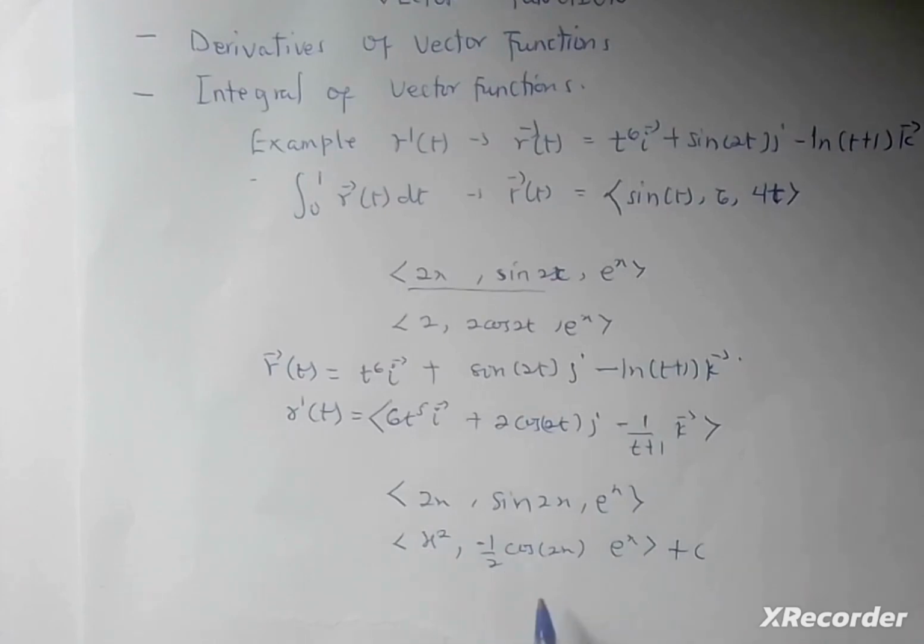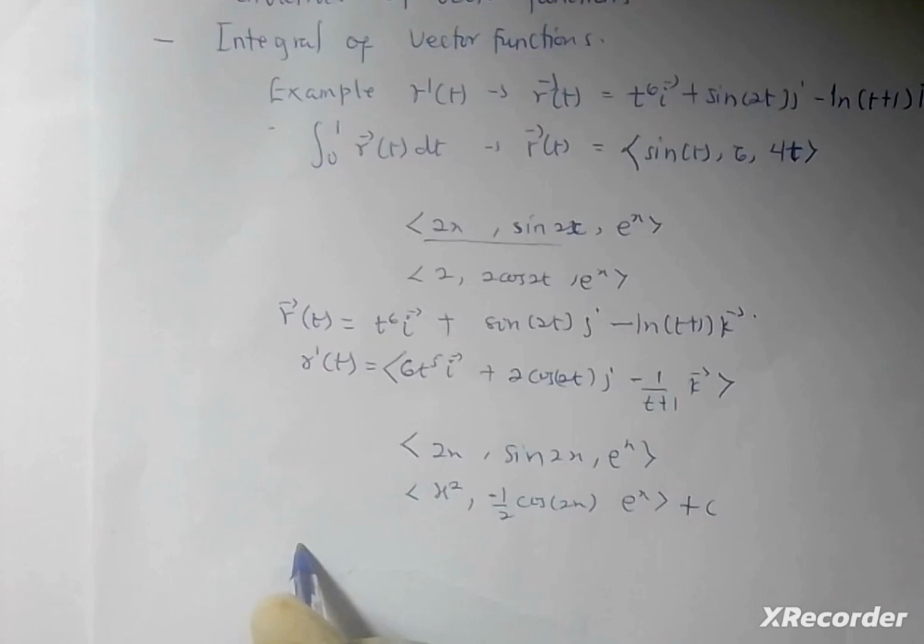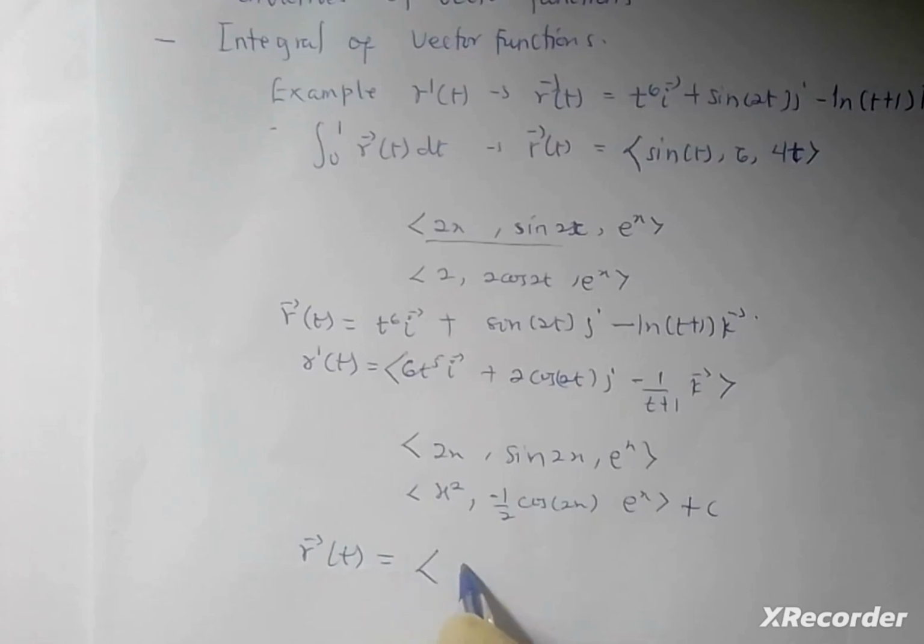So let's see an example here. I'm going to have r of t equal to sine t, 6, 4t. I've been asked to find the integral from 0 to 1 of r of t.